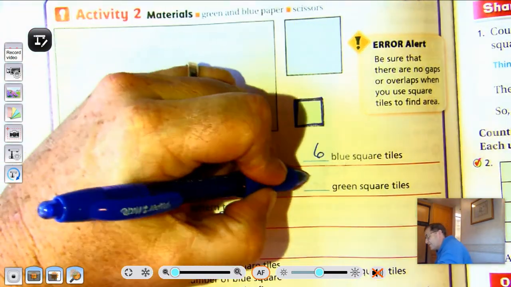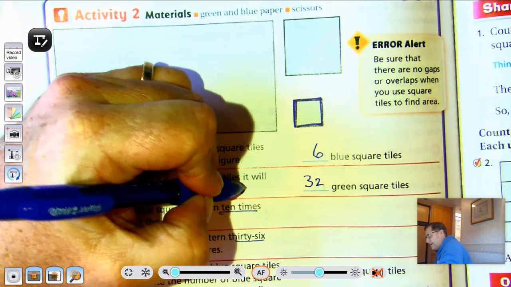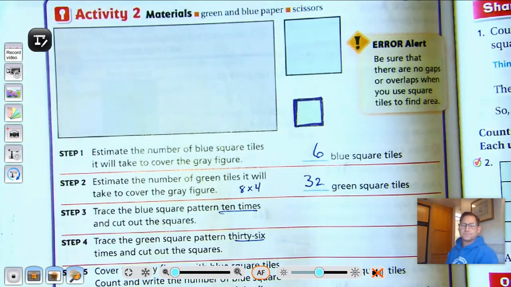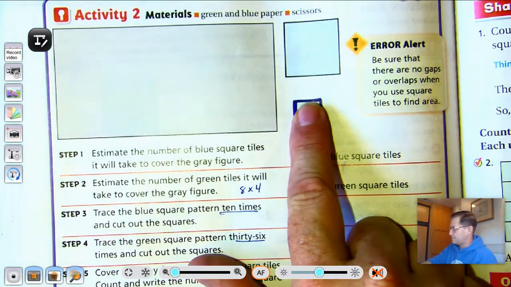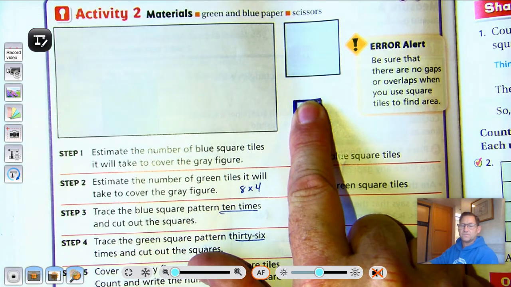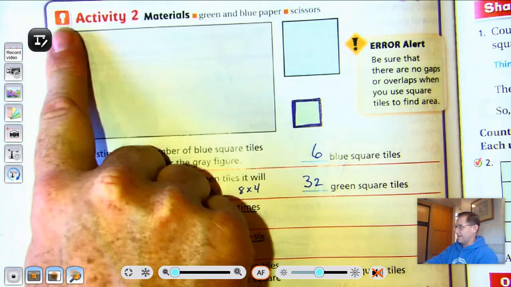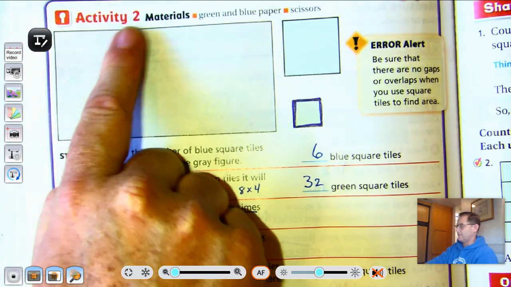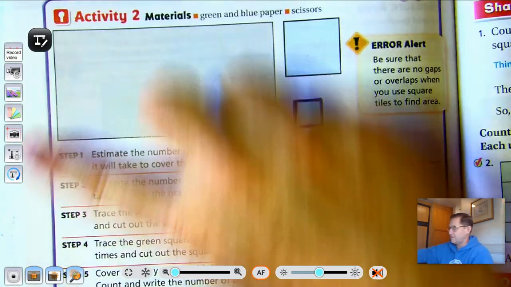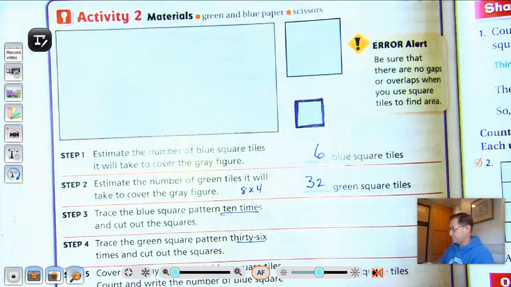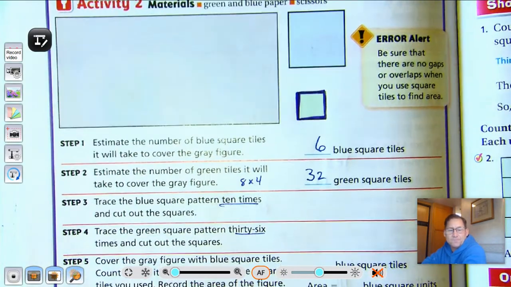I'm going to say 32. What did I do again? I took the width of the half-inch square and just kind of guessed how many times it would go across and how many it would go down. So I'm figuring 8 by 4.